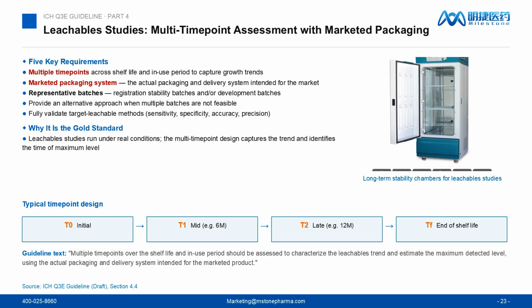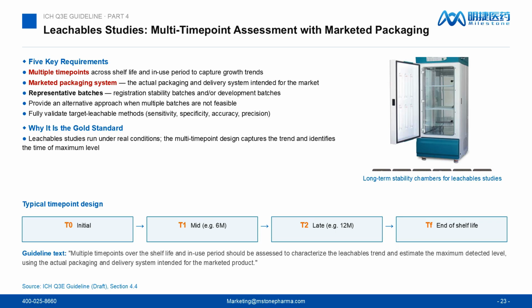Typical design, time 0, an early point like 6 months, a later point like 12 months, and end-of-shelf life. 2. The marketed packaging system, the exact container closure and delivery device you will sell, not a prototype. 3. Representative batches, registration stability batches, or development batches if needed. 4. If you can't run multiple batches, provide a justified alternative. 5. Fully validated methods for your target leachables, sensitivity, specificity, accuracy, precision.